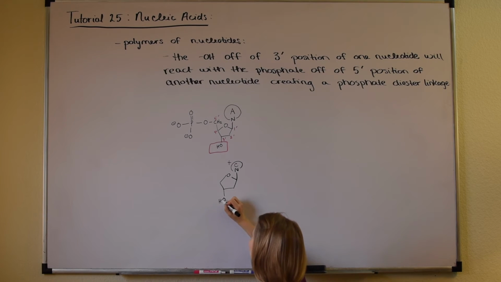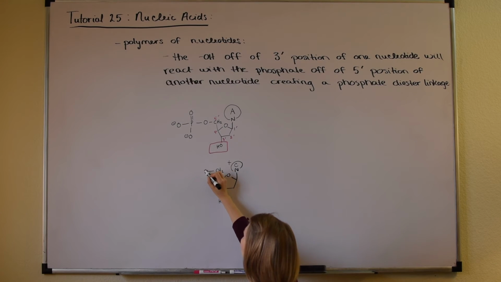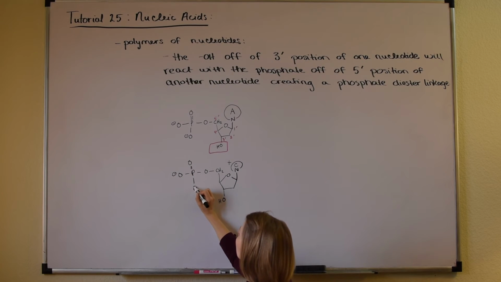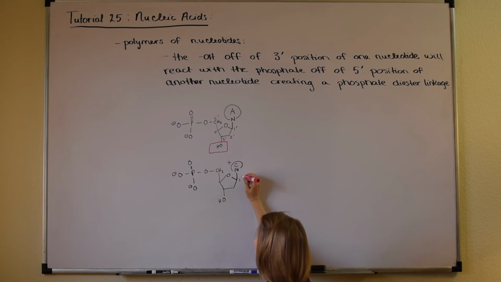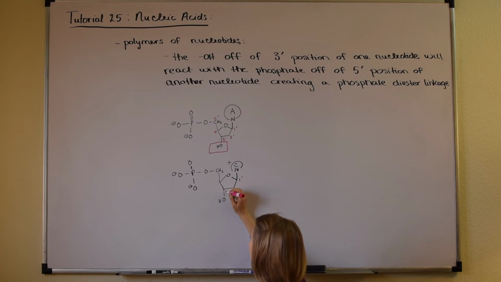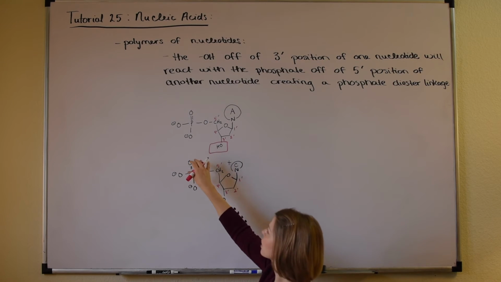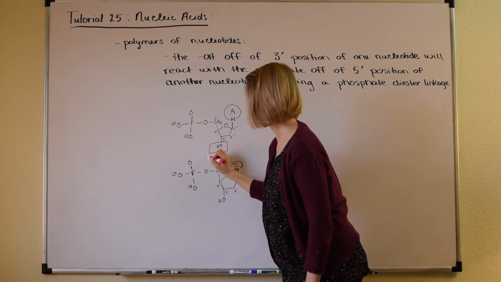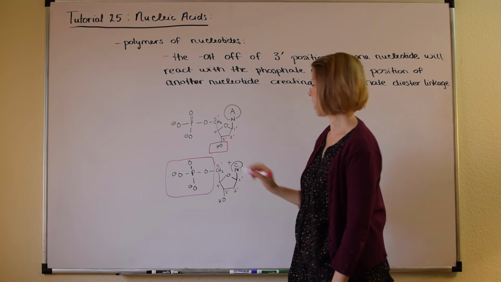And we'll make it deoxyribose. Okay, and let's number the 1' position, the 2', the 3', the 4', and the 5', and then we're going to show the phosphate off of the 5' position of this nucleotide reacting.